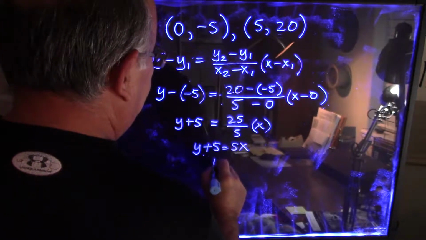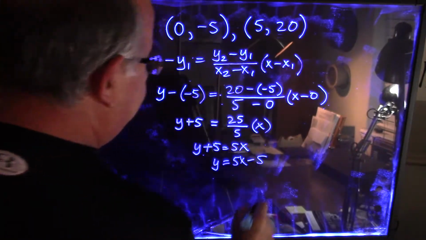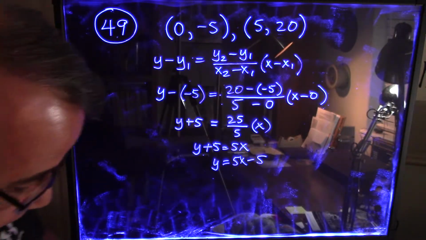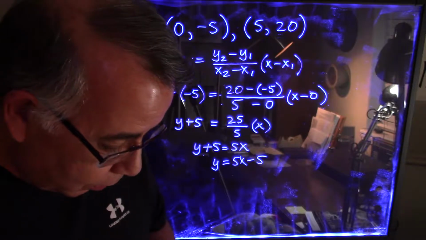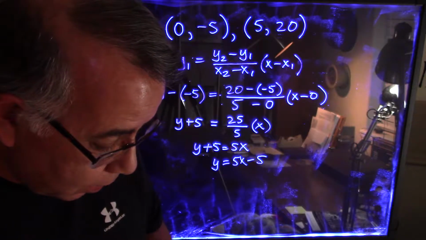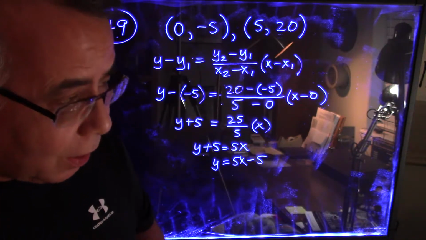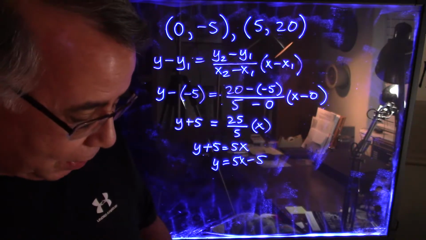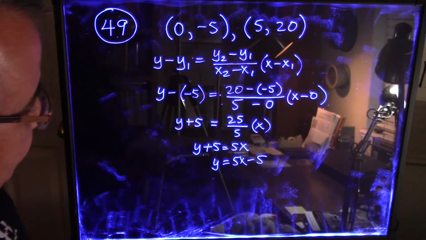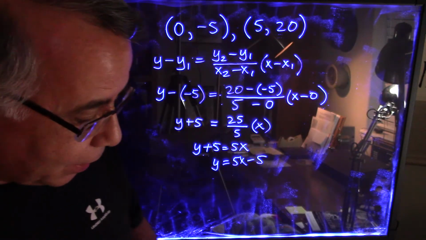And then subtract 5 from both sides: y equals 5x minus 5. There you go. Or call it f of x, because that's what the table calls it. f of x equals 5x minus 5. So there you go.